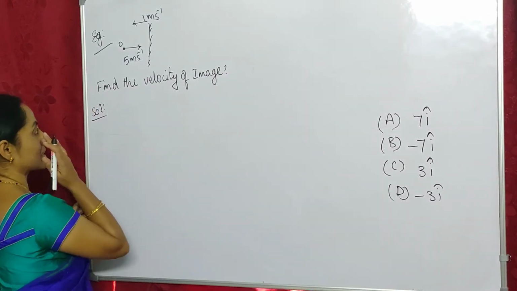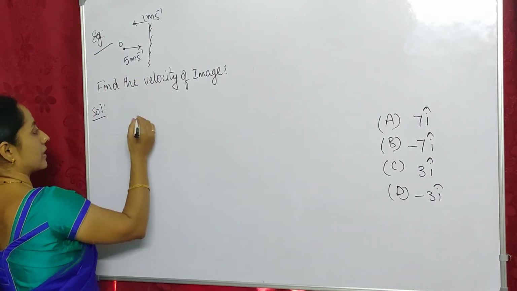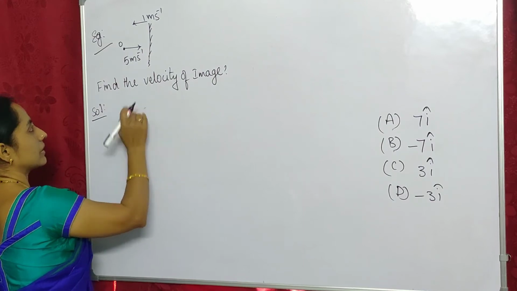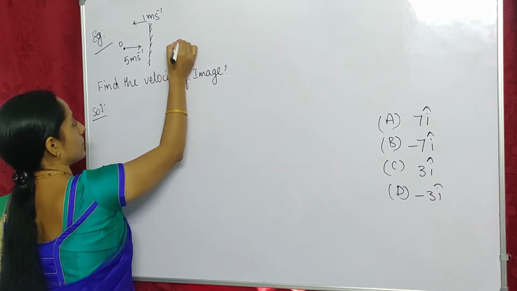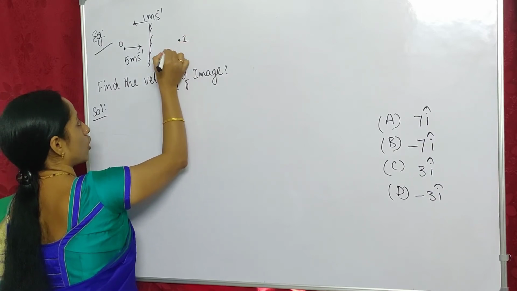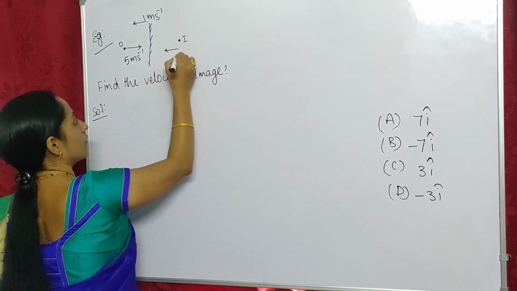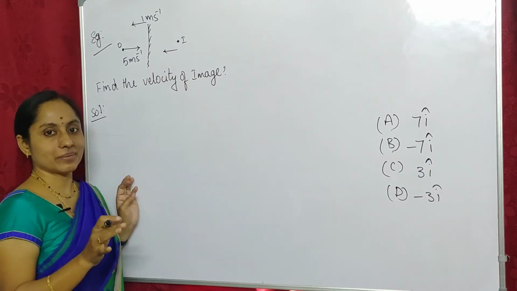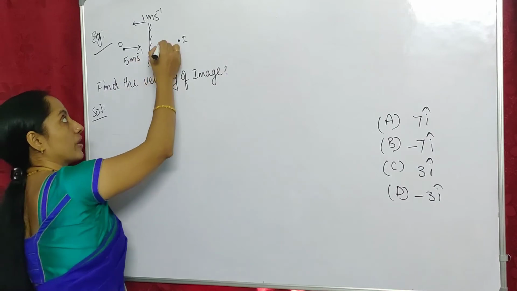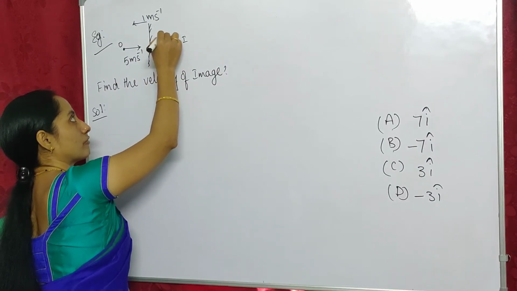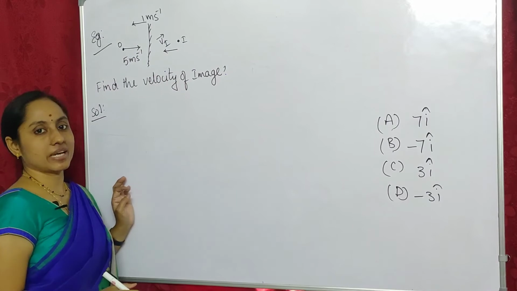Let us see how to analyze. Here itself I am drawing. The object is moving with 5 meter per second, meaning the image also moves with 5 meter per second. Shall I write that? No, because here the mirror is also moving. So let us name the velocity of image as Vi cap.